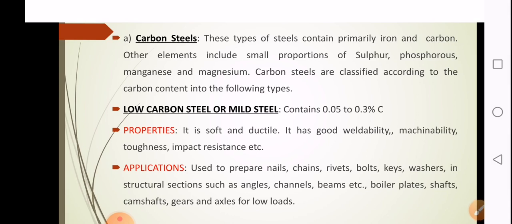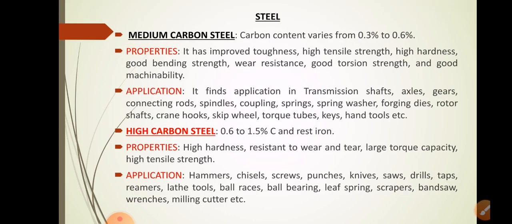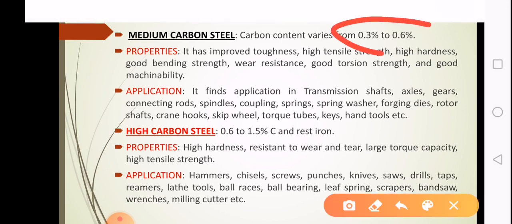Weldability characteristics are also very important. It has good machinability, toughness, impact resistance, and so on. Low carbon steel is mainly used to prepare nails, chains, rivets, bolts, keys, washers, and other such things.